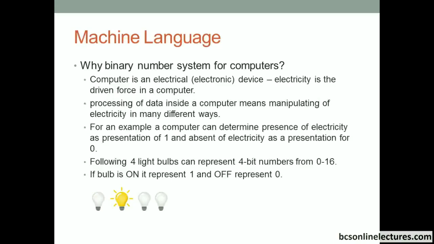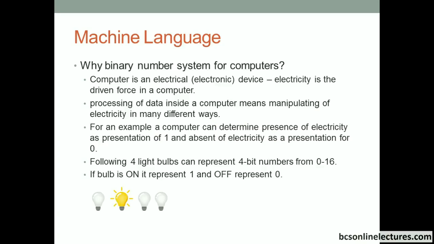Now let's see why binary number system is used for computers. We learned in the previous chapter binary number system is also called machine language. We know that computer is an electrical or electronic device. Electricity is the driving force in computers.